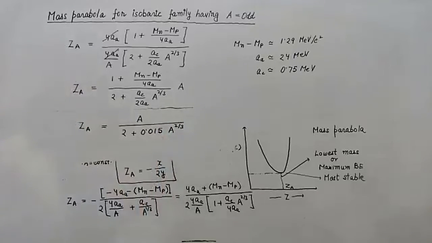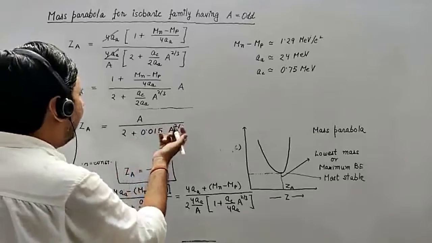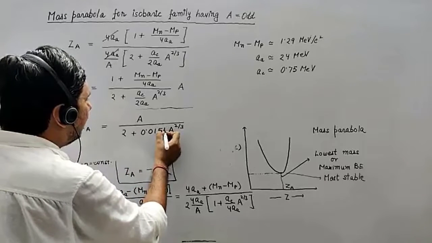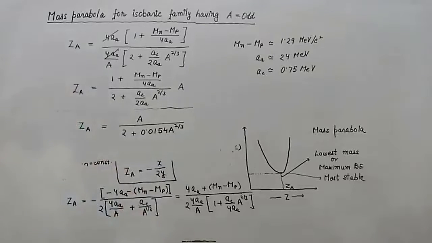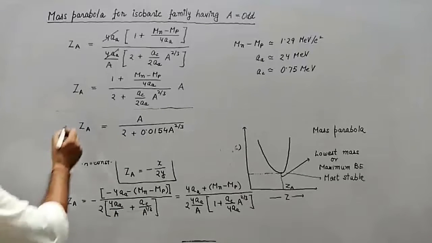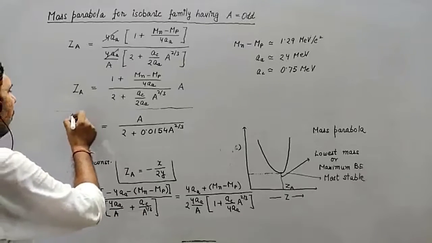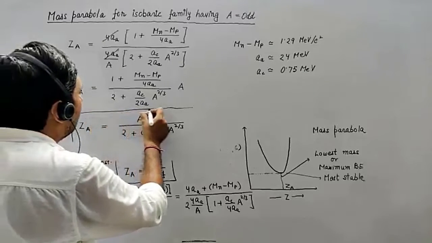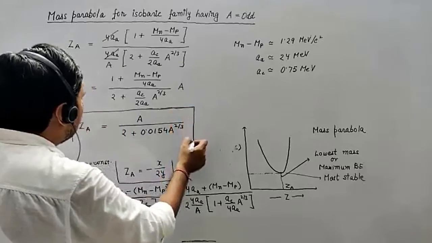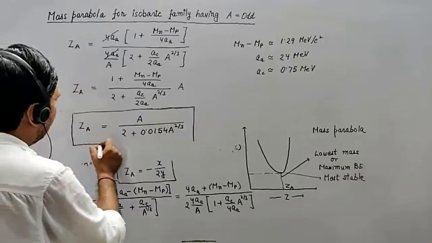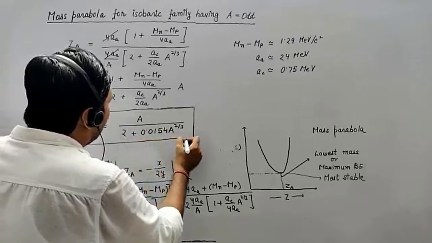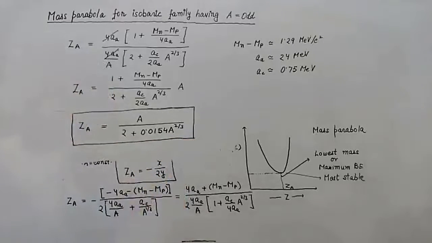We will get this approximate formula. If you want one more digit, it will be 0.0154 a to the power 2 by 3. This is the formula for the most stable nuclei in an isobaric family.